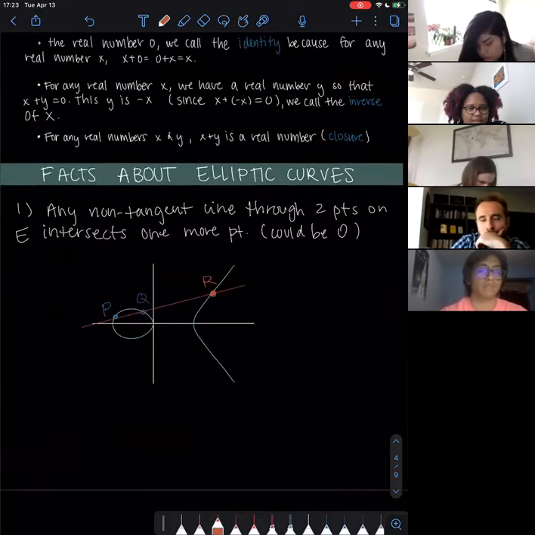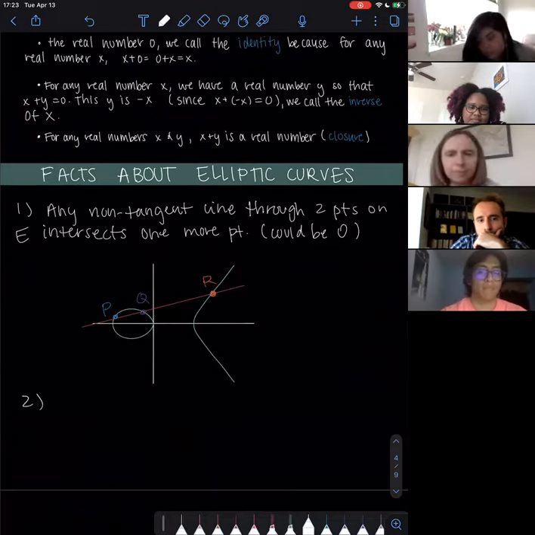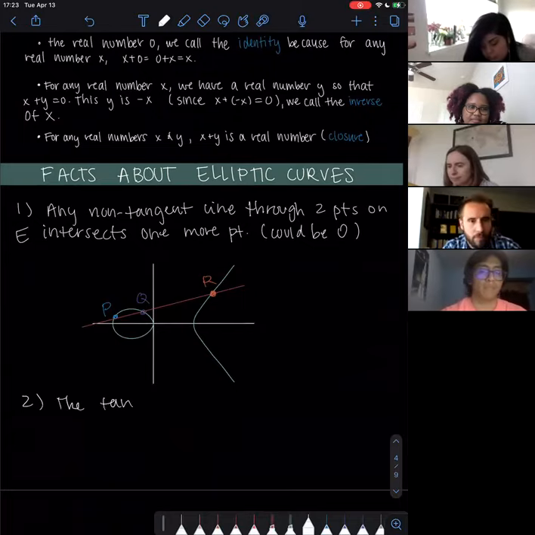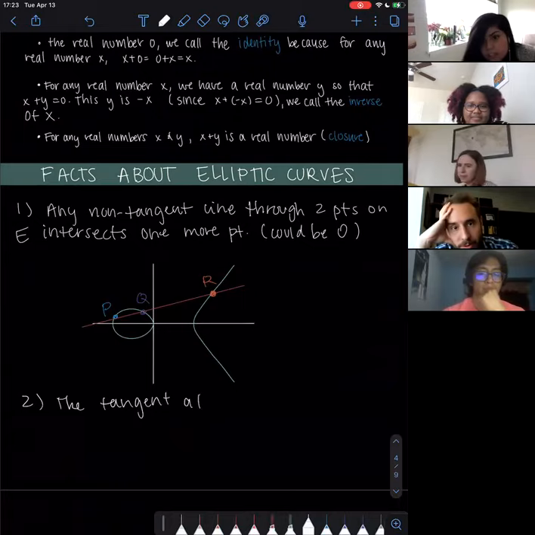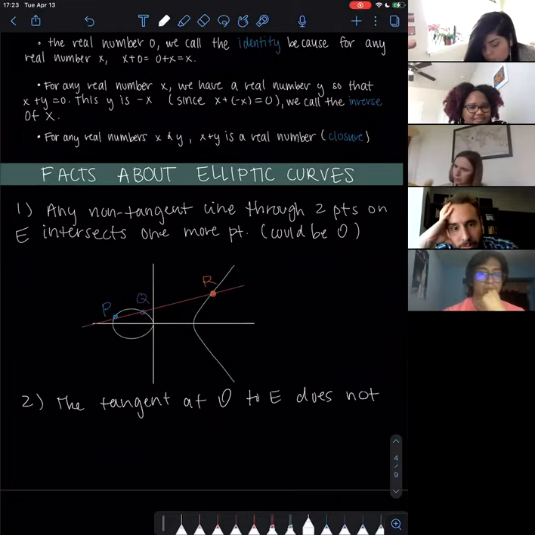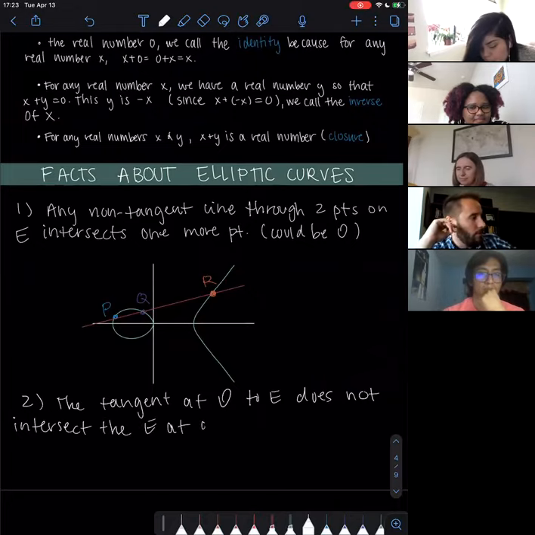Okay, so the second fact that we have is that the tangent at the point at infinity to E does not intersect the elliptic curve at any other point.